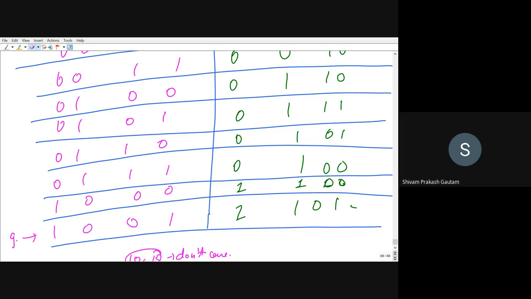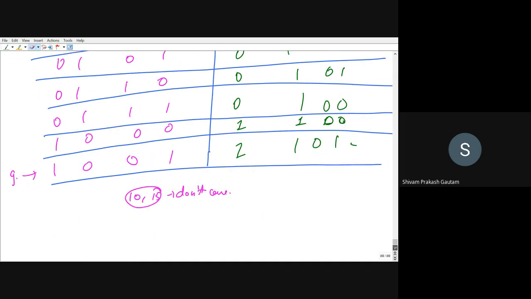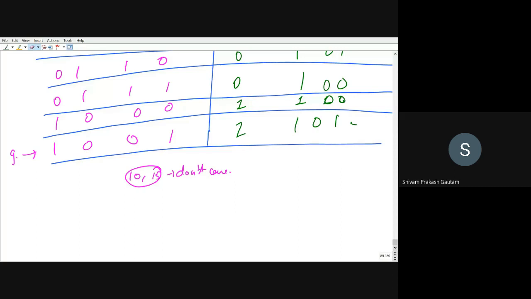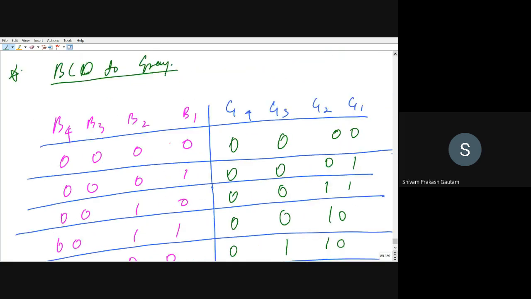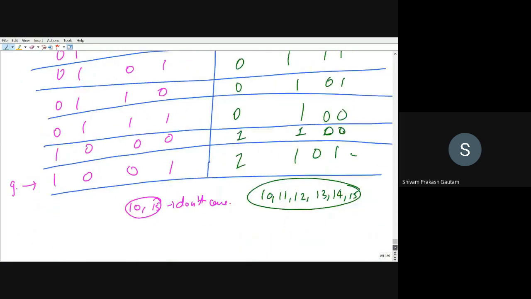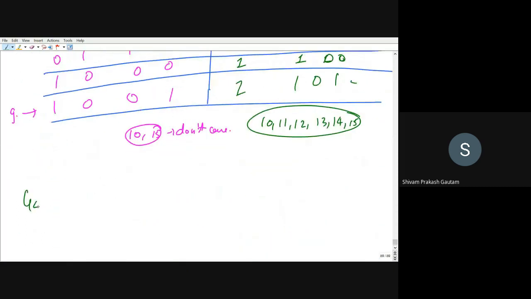Now again 10 to 15 are our don't care. So you can write 10, 11, 12, 13, 14, and 15 are our don't care. So again for minterms we have to write for G4, G3, G2, and G1. So for G4 we will be writing minterms.